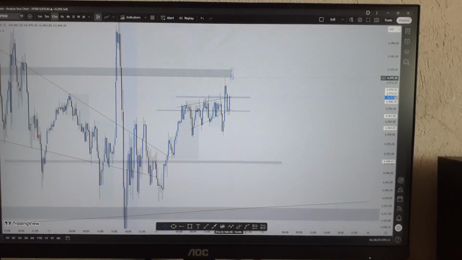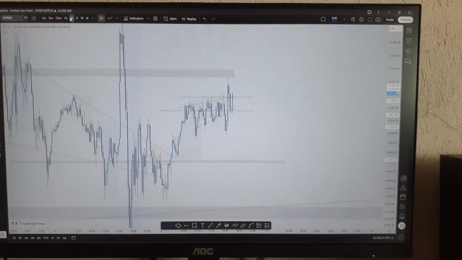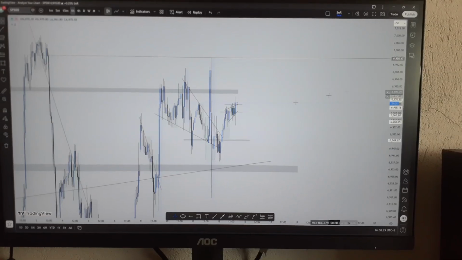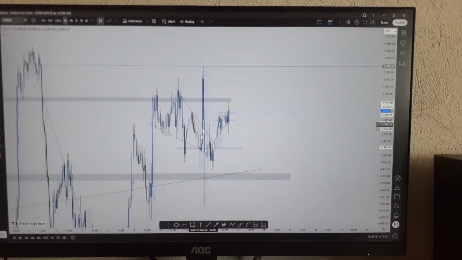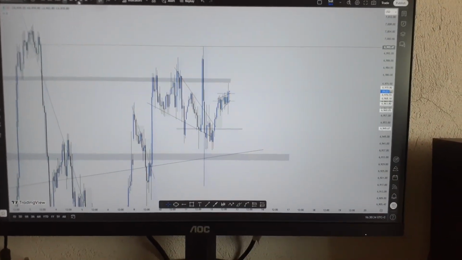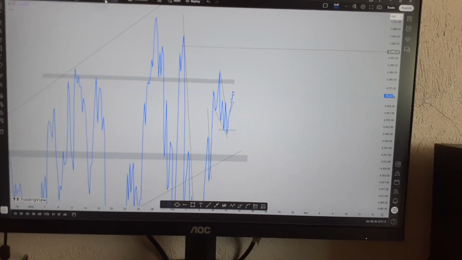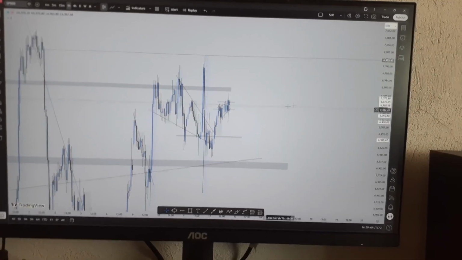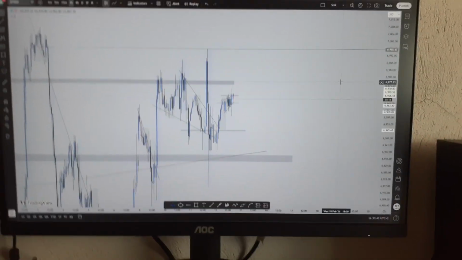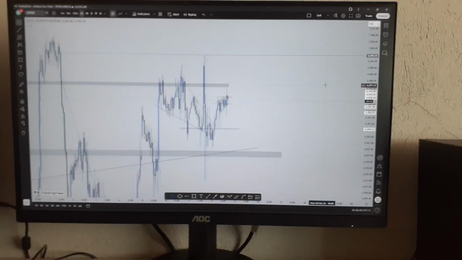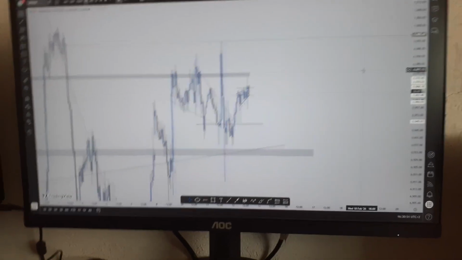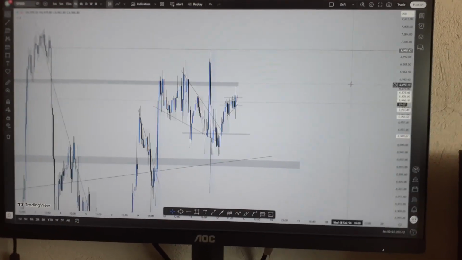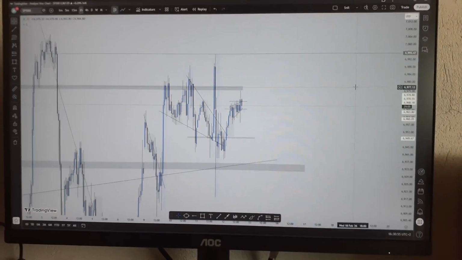So if it closes above, that means the market might be continuing with this pattern here on the 4-hour time frame that you saw, then that means I'm gonna disregard this one on the 1-hour time frame. So I'm just gonna be waiting for the market to pick a direction, right? So I think maybe 2 15-minute candles are gonna be enough for me to take a decision.